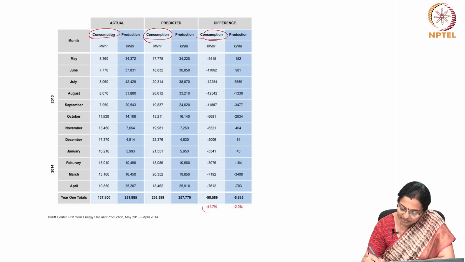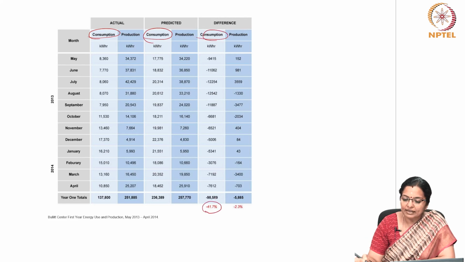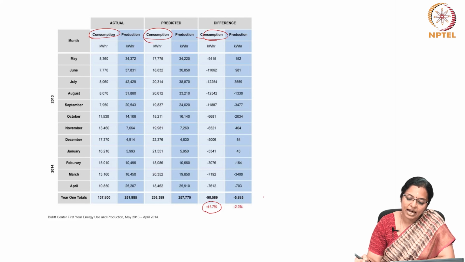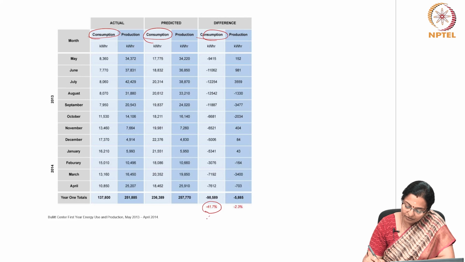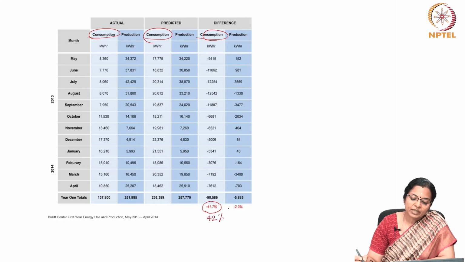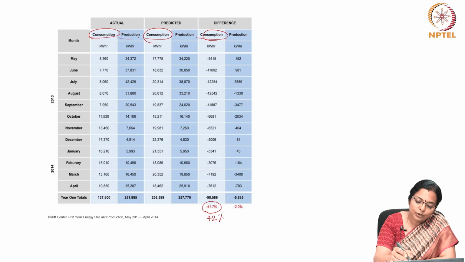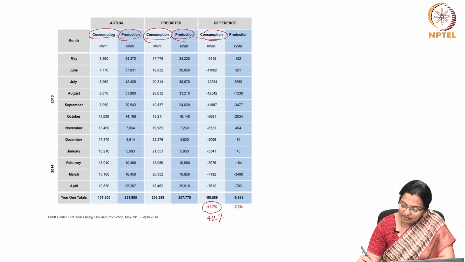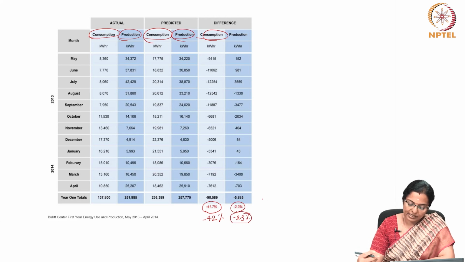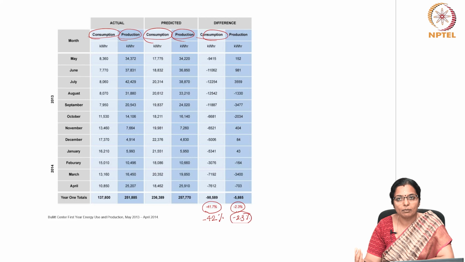There is a 41.7% difference between the actual and the predicted energy consumption, resulting in a difference of about 42%, whereas for the actual energy produced and the predicted energy produced, the difference is minus 2.3, which means about 2.3% of energy is produced in excess of what was already predicted.